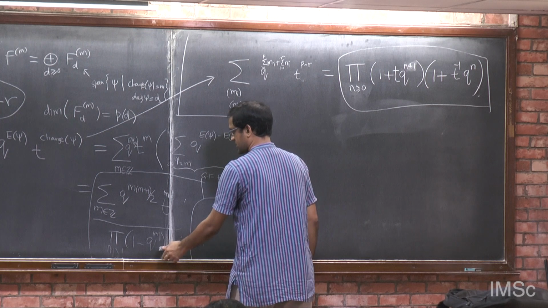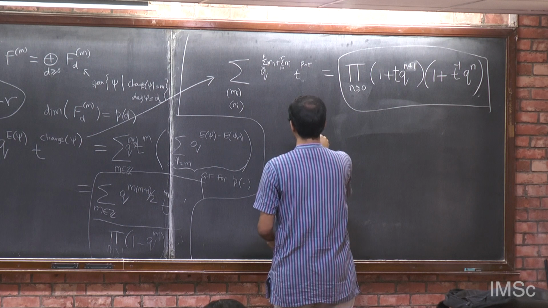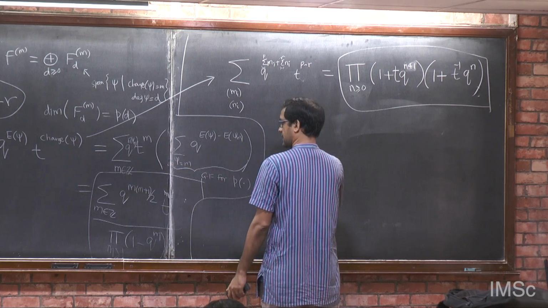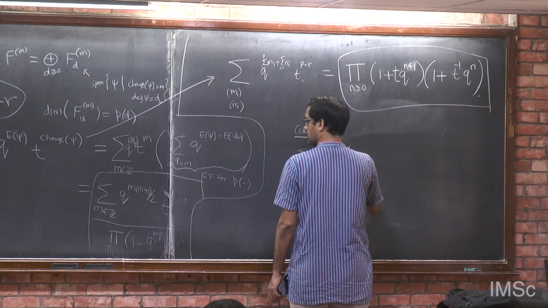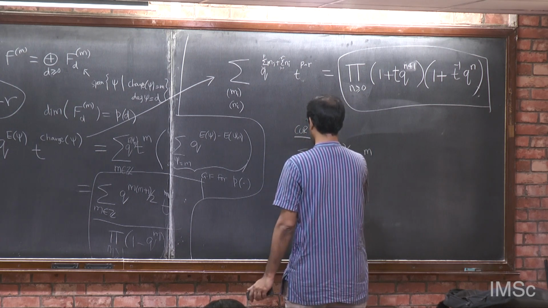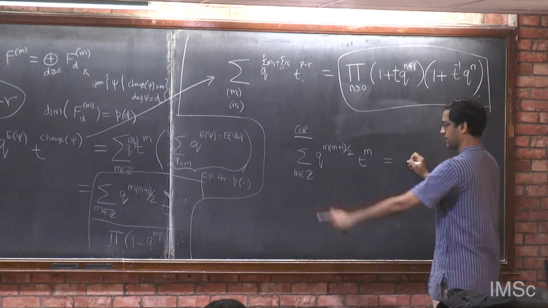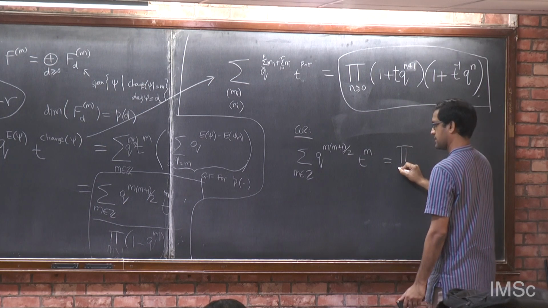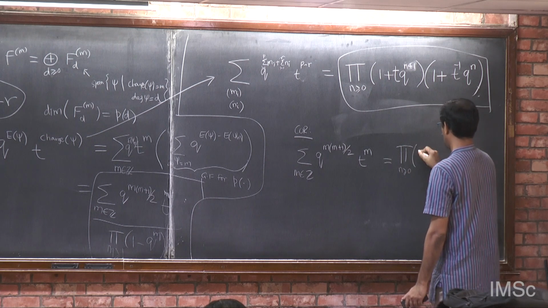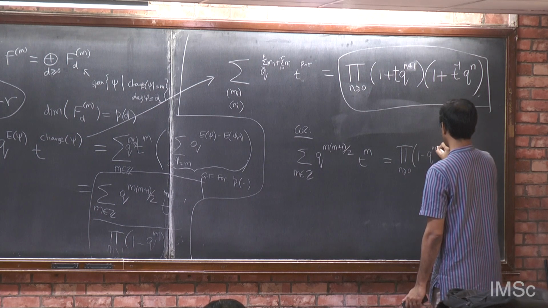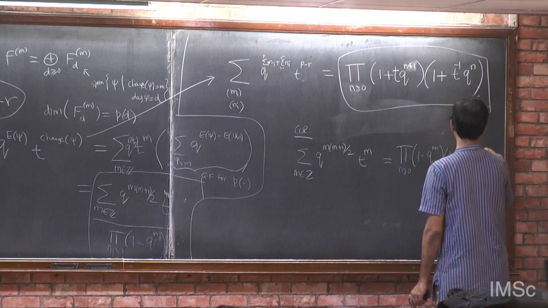So I can just take this guy over to the other side and write it as a corollary we've just proved by analyzing this generating function: the sum of t to the m, which is the computation when you organize it by charge, equals the product over n greater than or equal to 0 of 1 minus q to the n plus 1, times 1 plus t q to the n plus 1.